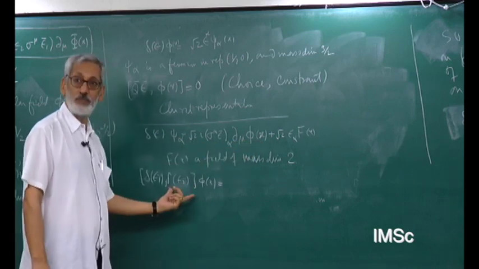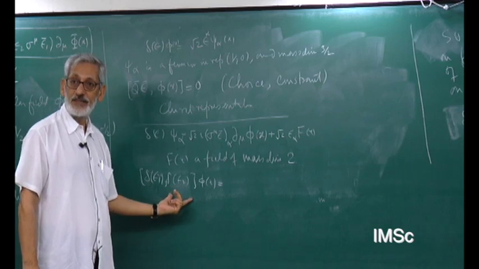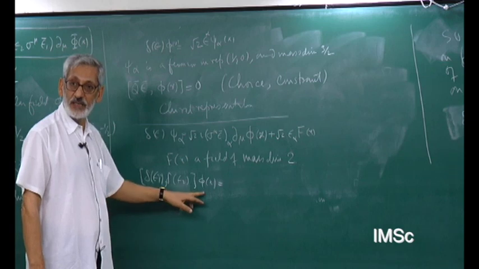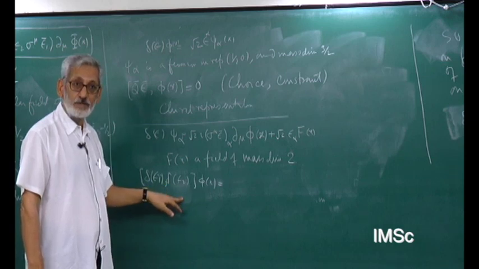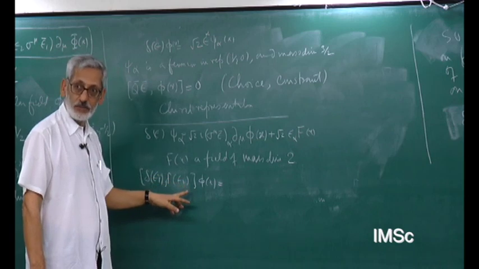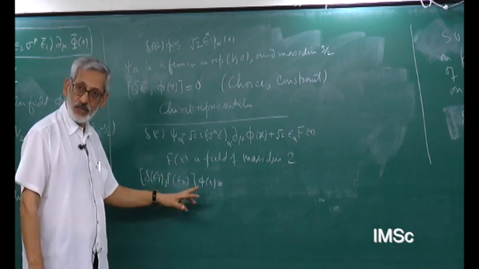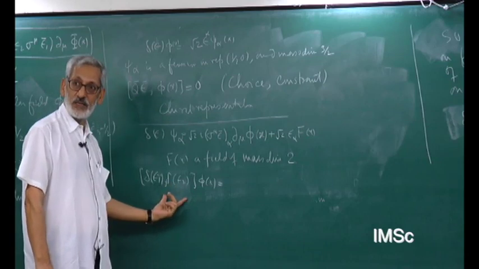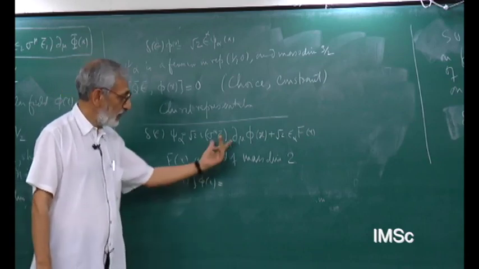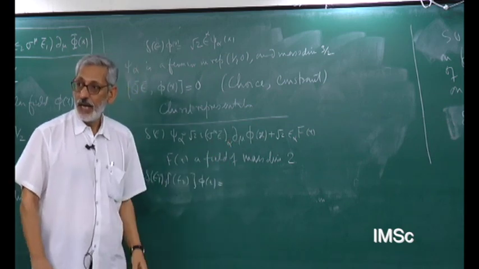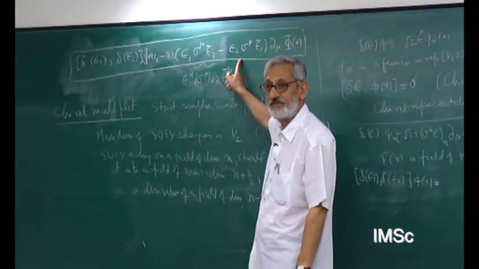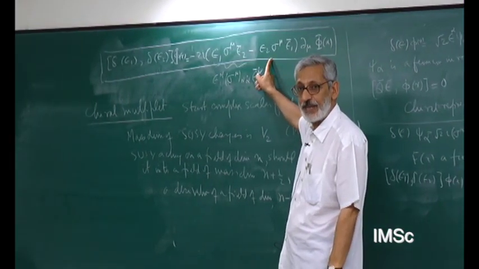So I should be able to calculate this: two transformations of phi with parameters epsilon 1 and epsilon 2, then do the reverse order and take the difference. I should get on the right hand side this. Is that clear?